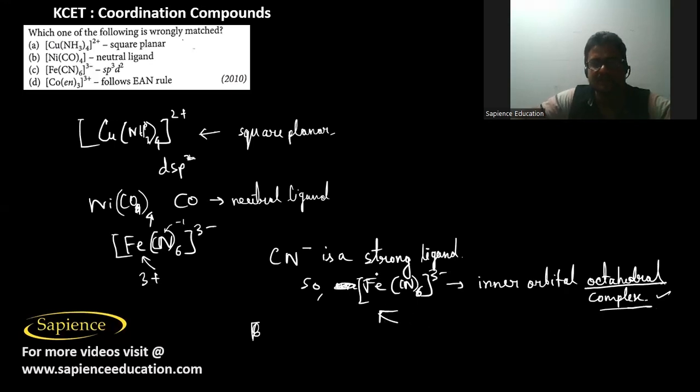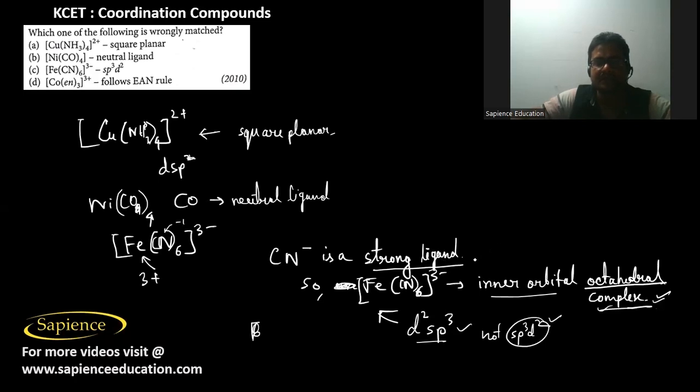Since CN is a strong ligand and it is an inner orbital complex, its hybridization will be d2sp3, and not sp3d2. sp3d2 will be formed if it is an outer orbital complex, which forms when the ligand is weak, but here the ligand is strong. So option C is wrongly matched, so option C is the correct answer.